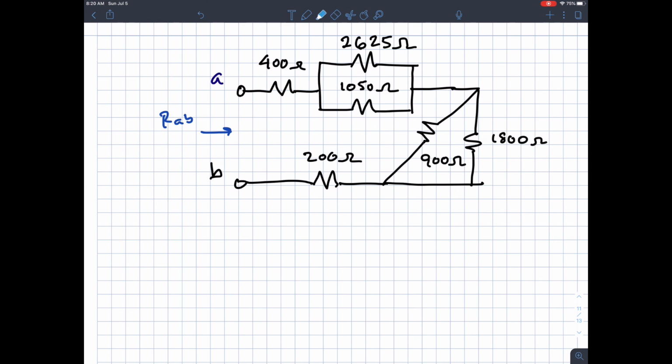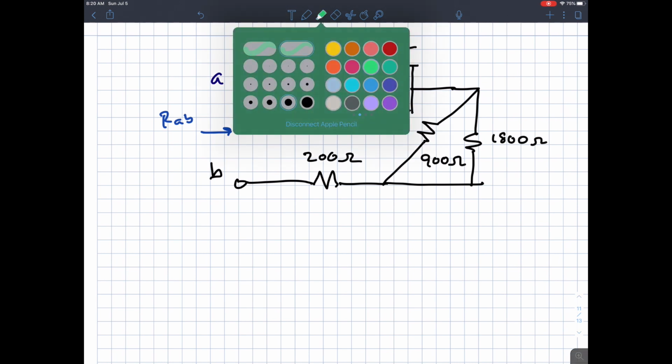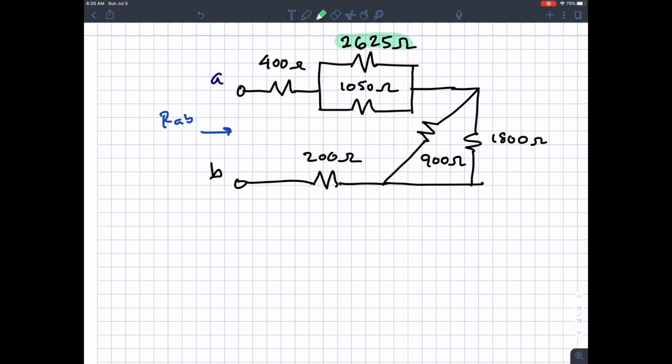Do you see it? If I make parallel green, this 2625 ohm resistor is in parallel with the 1050 ohm resistor. This 1800 ohm resistor is in parallel with the 900 ohm resistor. So I can immediately go and do those calculations.